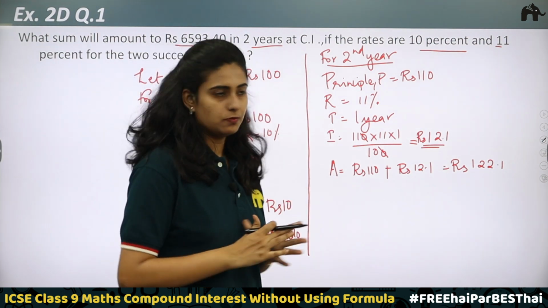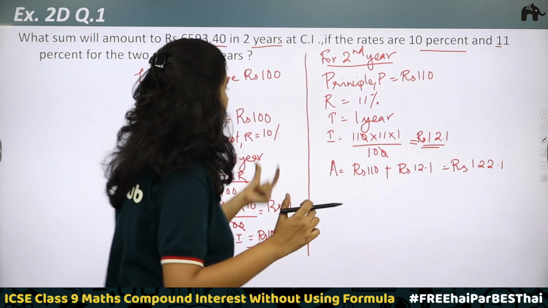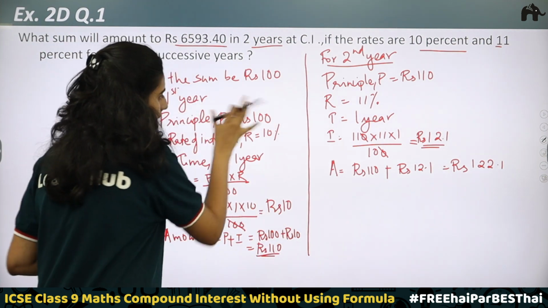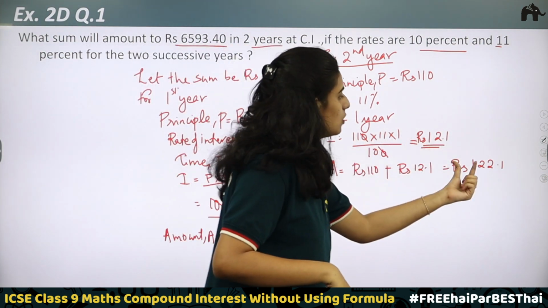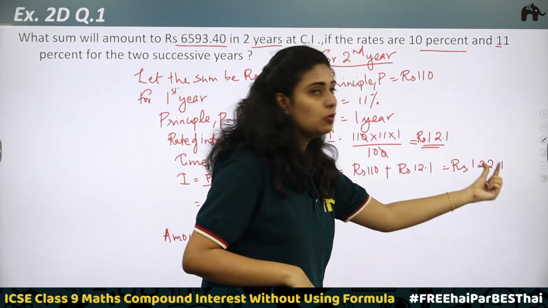Okay, rupees 122.1 is the amount. Now here when the sum is taken to be rupees 100, the amount we get is rupees 122.1.